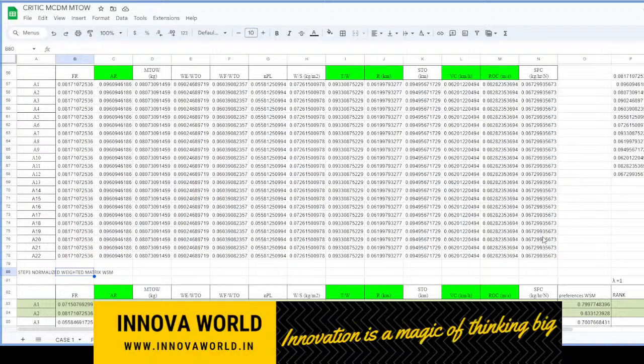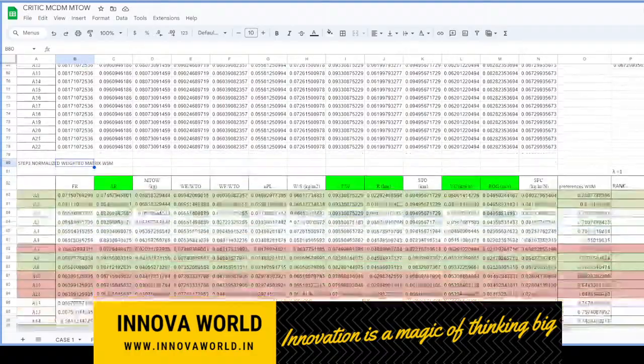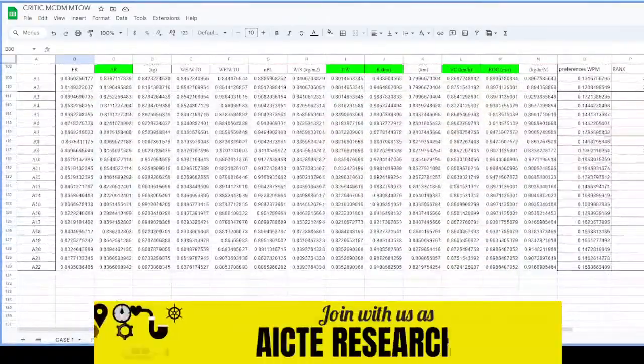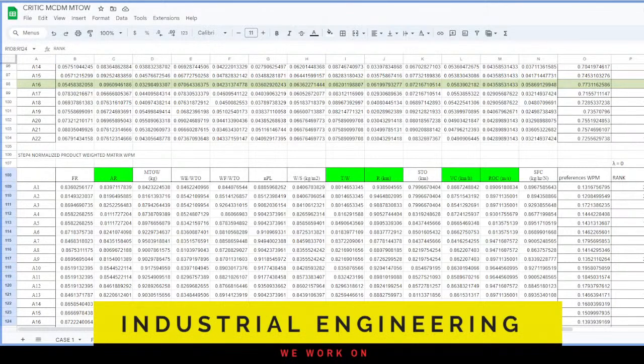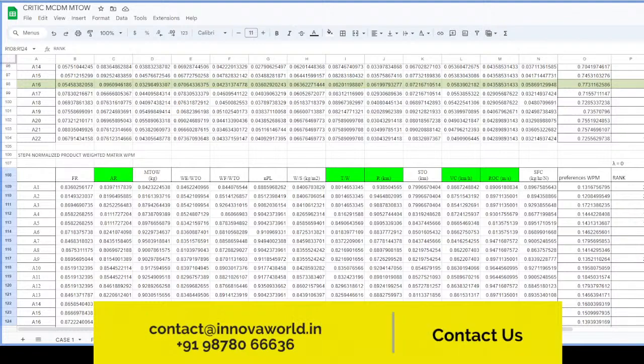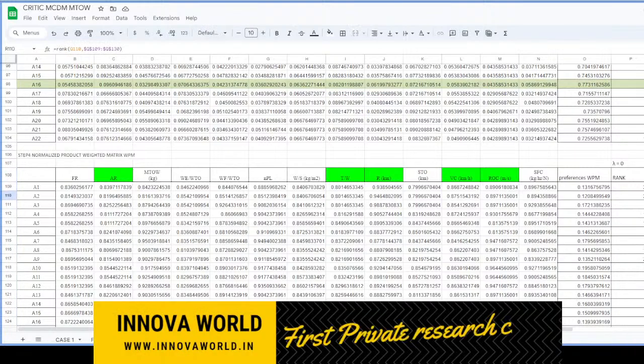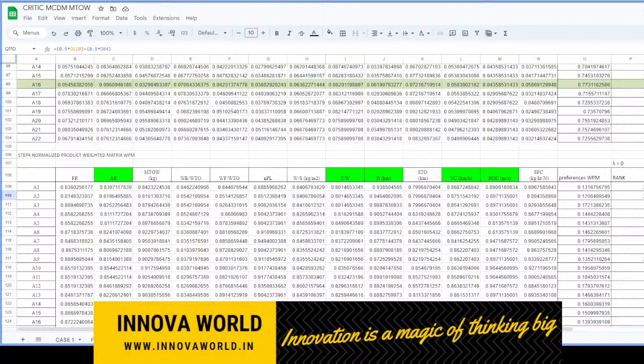The outcome of any technique will give you the rank: which one is the best, which one is the worst, which one is at the top, who is the first and who is the last.